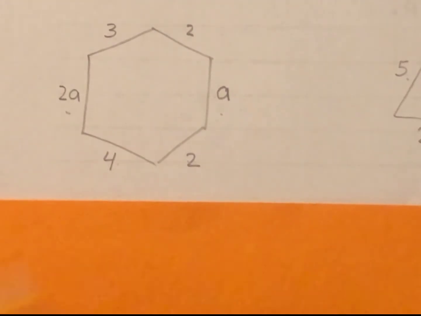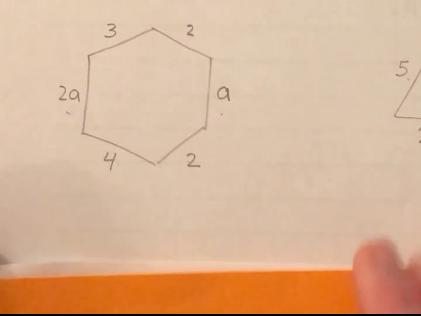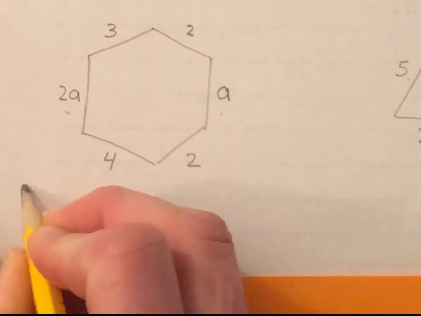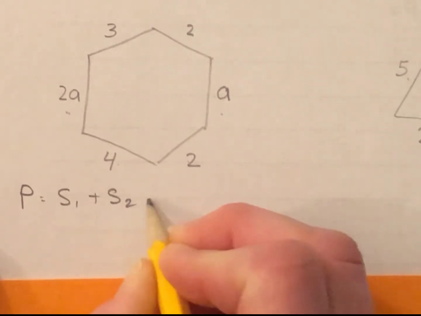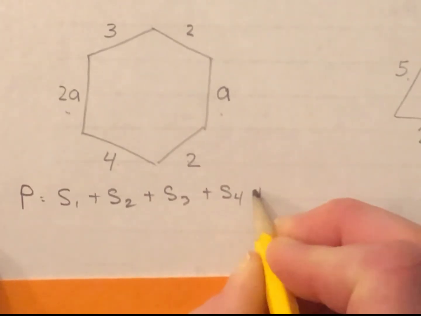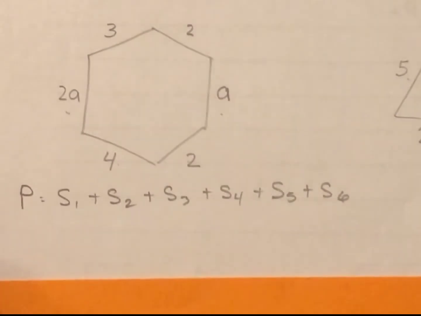Now the directions are still the same. To find the perimeter, use the same formula as you did before. This has 1, 2, 3, 4, 5, 6 sides. So perimeter would be P equals side 1 plus side 2 plus side 3 plus side 4 plus side 5 plus side 6. I should have chosen fewer sides.